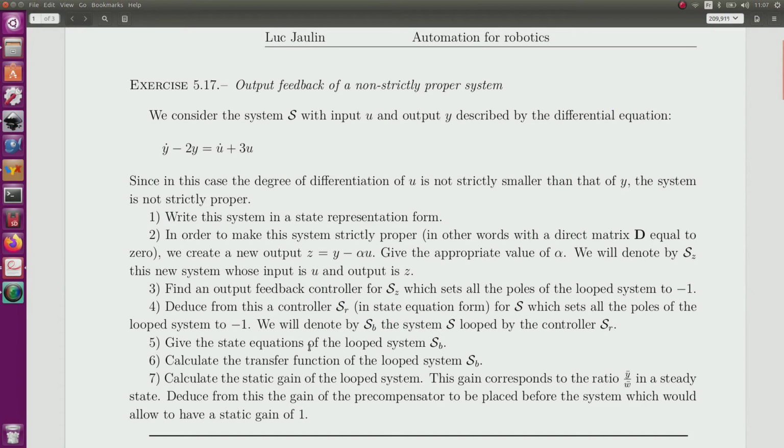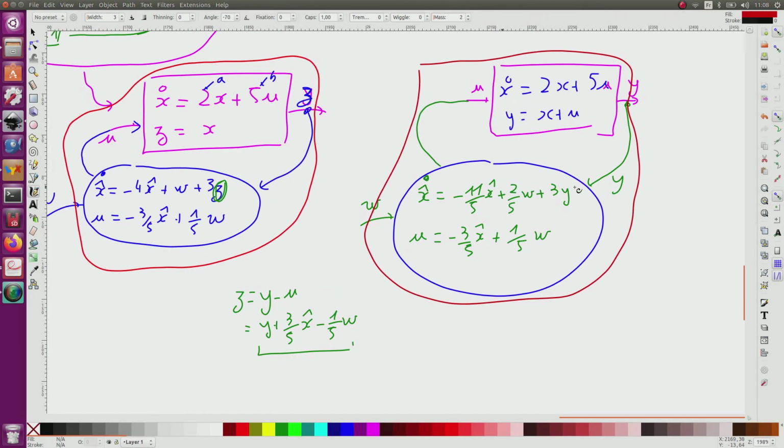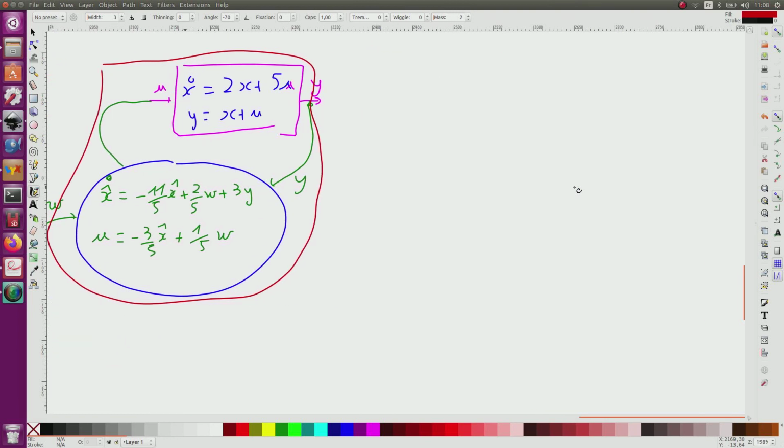Next question, I have to give the state equation of the closed loop system. The closed loop system is given here. The state variable of this closed loop system are x and x hat.